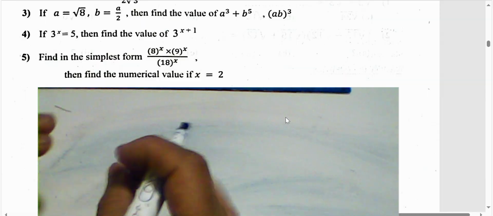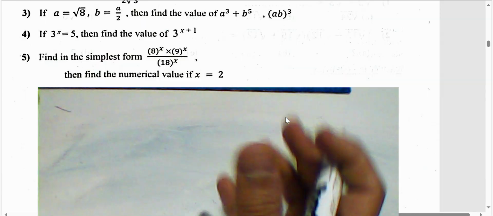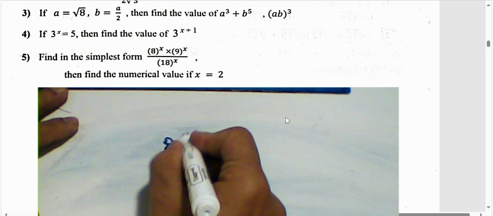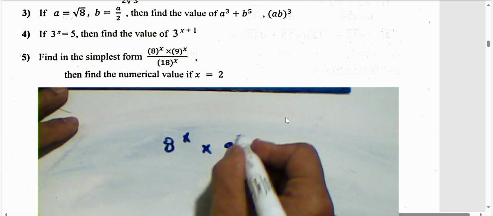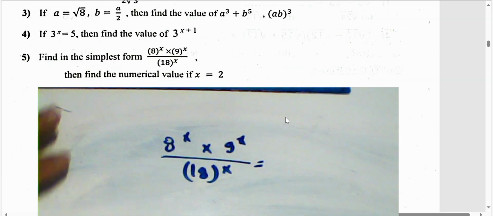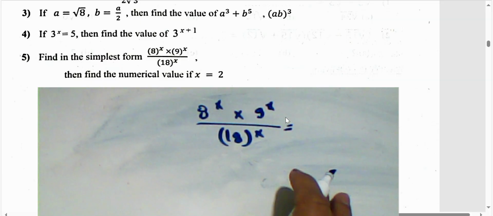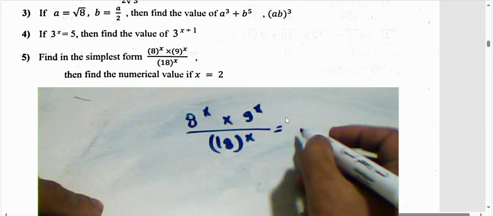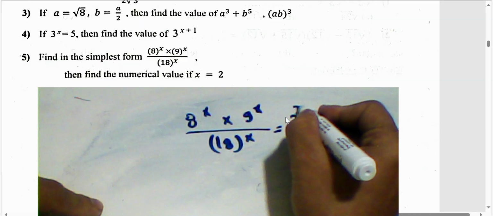Find the simplest form of this expression and then find the value of the expression when x equals 2. First we have 8 power x product by 9 power x over 18 power x. We must convert these numbers to prime bases. Why? Because 8 equals 2 times 2 times 2, it will be 2 power 3, 2 power 3 all power x.